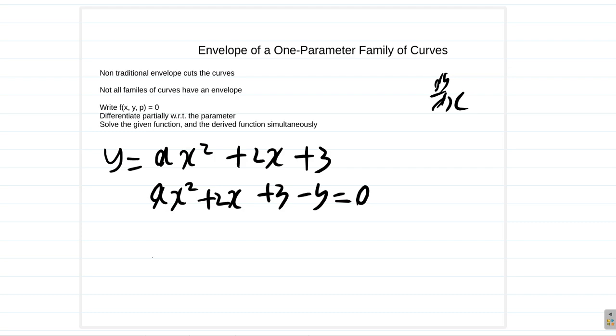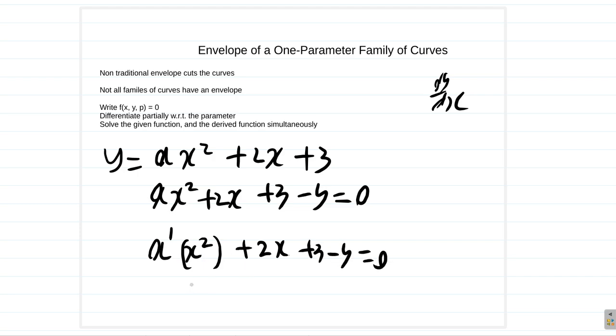So let's rewrite this as a to the power of 1 times x squared, a constant, plus 2x plus 3 minus y equals 0. Everything here is a constant, each of them is a constant.